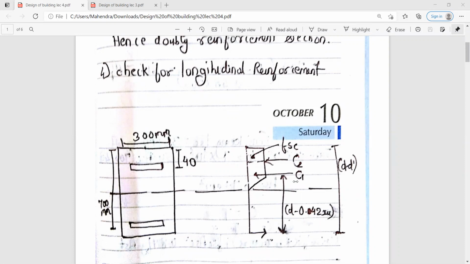Yes, completed. Okay, so proceeding further.